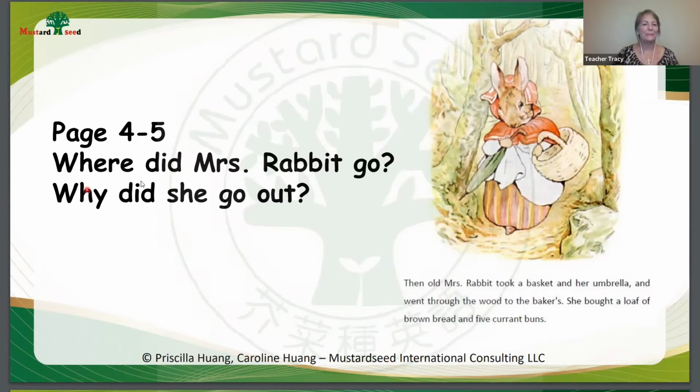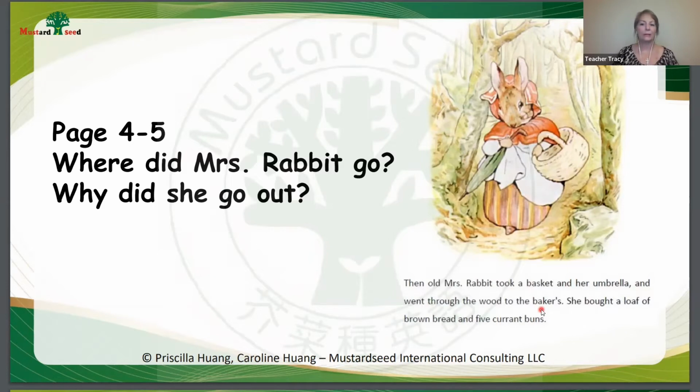All right, so where did Mrs. Rabbit go and why did she go out? Do you know, Catherine? She go out baker's. Yeah, to the baker's. So a baker is one who might make pastries or breads.